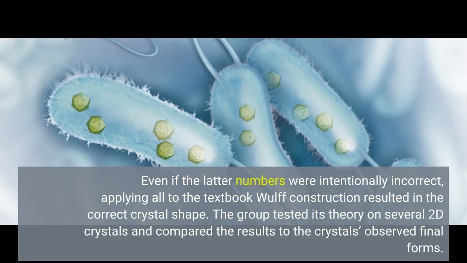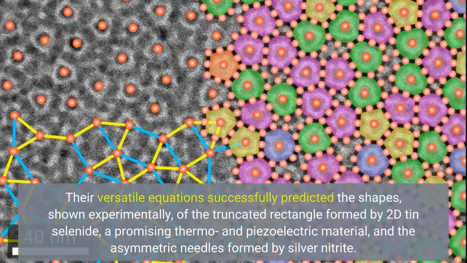The group tested its theory on several 2D crystals and compared the results to the crystals' observed final forms. Their versatile equations successfully predicted the shapes, shown experimentally, of the truncated rectangle formed by 2D tin selenide, a promising thermo- and piezoelectric material, and the asymmetric needles formed by silver nitride.